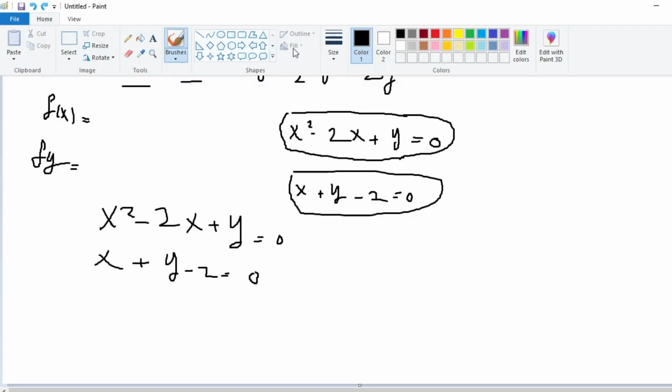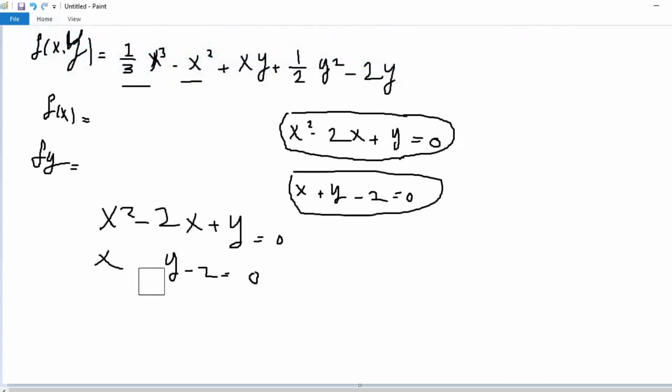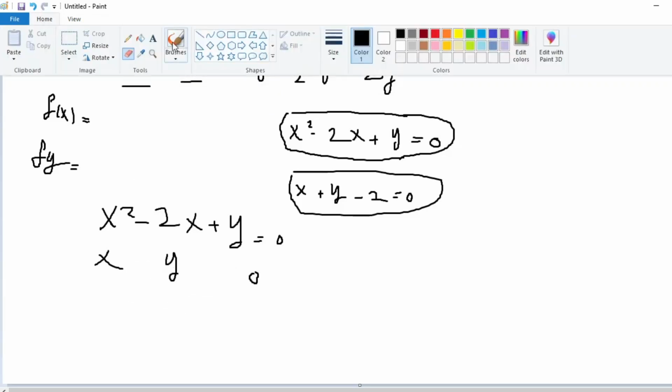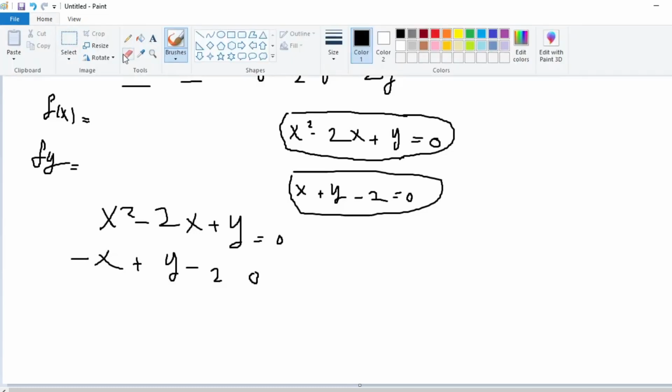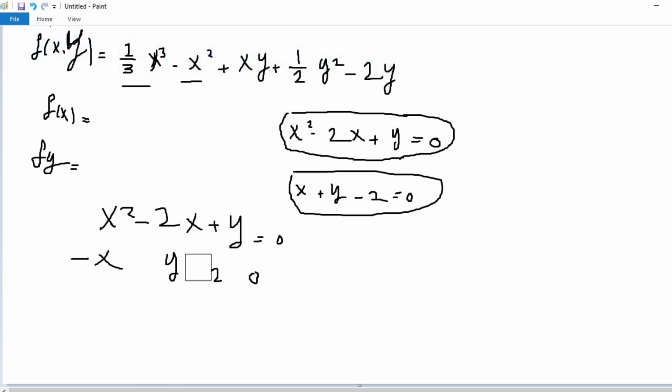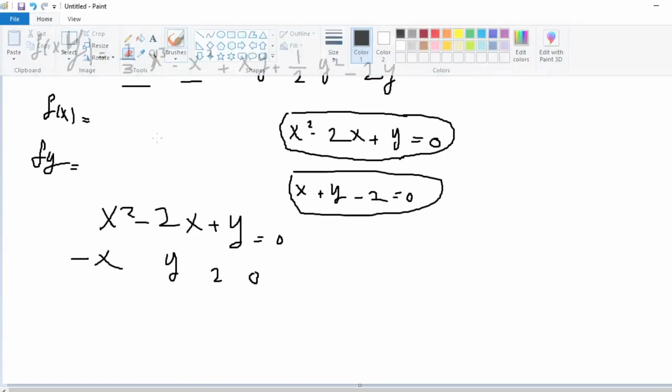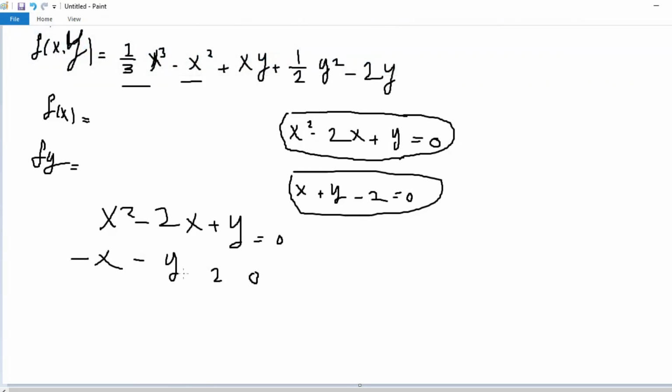So here, if we multiply with minus, here is going to be negative, and the positive y is going to be negative, and the negative 2 is going to be positive 2.